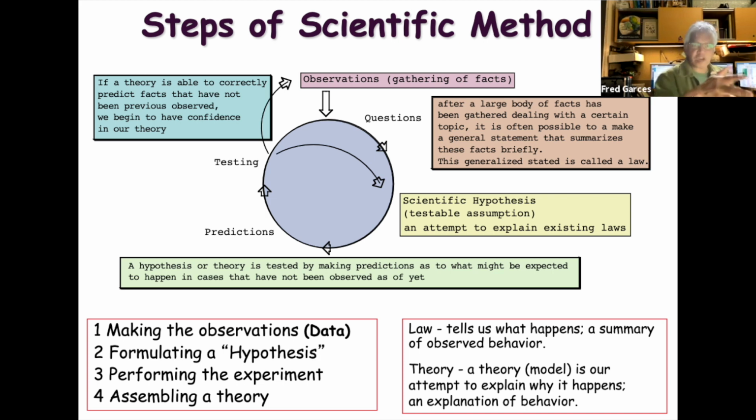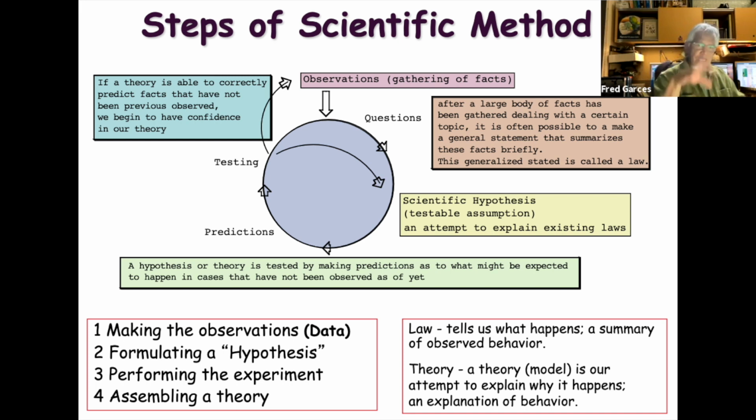Then you do the experiment to validate the hypothesis. Then you go back and make other questions, and that cycle keeps repeating. You could also throw in a prediction. If you do that enough times, then your hypothesis is more concrete and it becomes a theory.